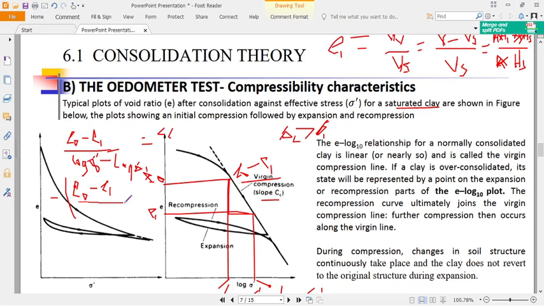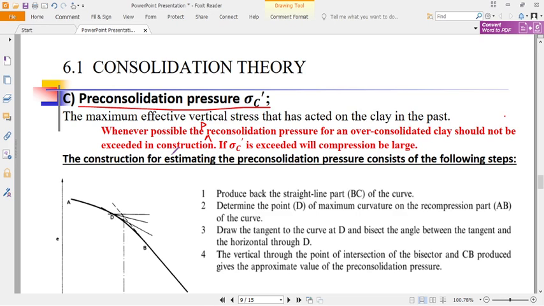Because we need to pre-consolidate this material, and we assume the overburden we have applied will be greater than the stress which the pavement will ever impose, so that we don't have the swamp sagging in. Is that okay?